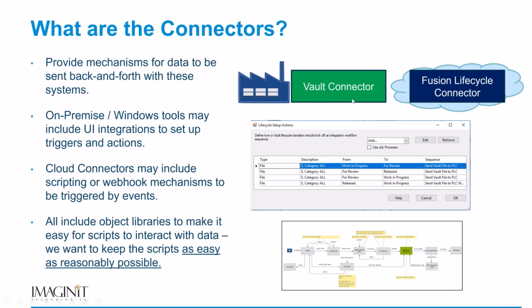The connectors are really doing all of the heavy lifting. And we want to make it as easy as possible for the scripts to do the kinds of work that they need to do for integration. But we want to keep them as simple as possible and limit them to field mapping and business logic and that kind of thing, which are going to be specific to each company and easier to maintain.